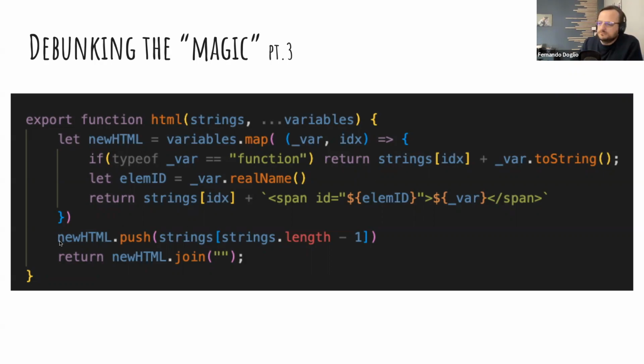Now I'm just simply adding the last bit of HTML, the last elements. If there are no more concatenations at the end, just adding the last one to have the full HTML here, and then creating a new string from this array. That's it.